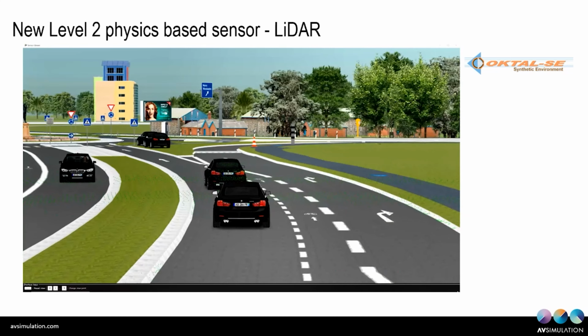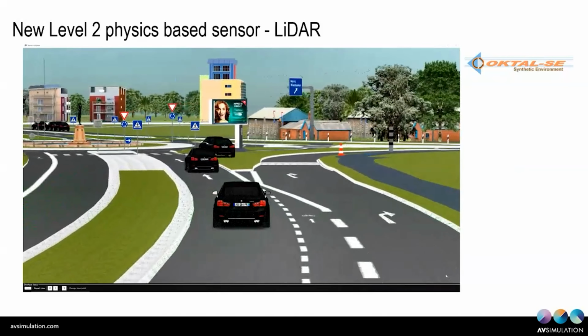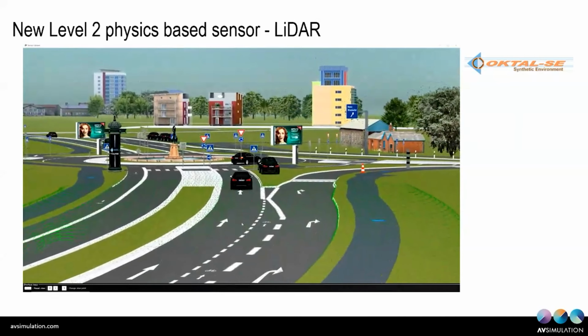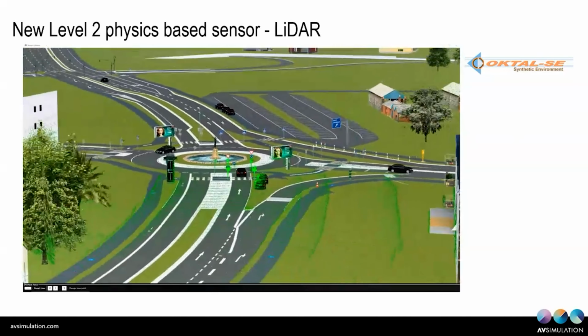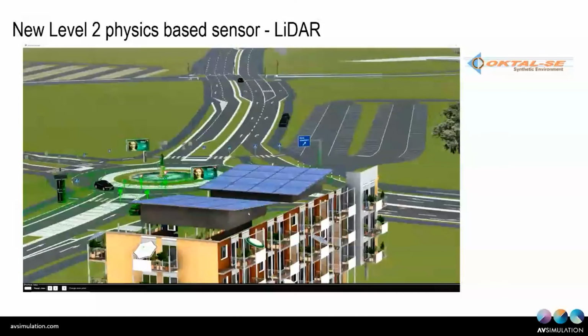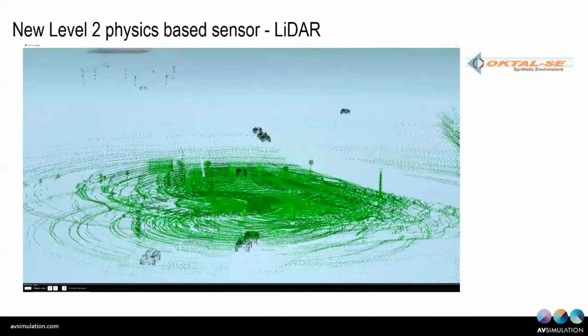We already have some other sensors that are physics-based, but now we bring this new level 2 lidar inside SCANeR Studio. What you can do with this new lidar is, for example, have non-perfect beams. You can also take into account all the physical properties of your scene.